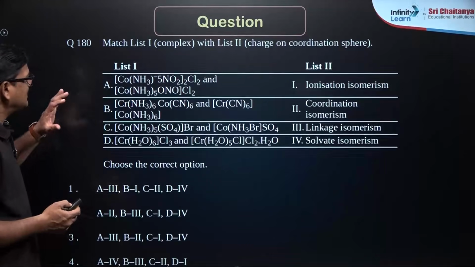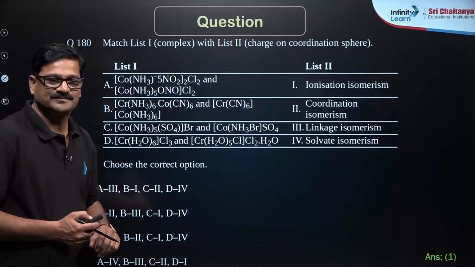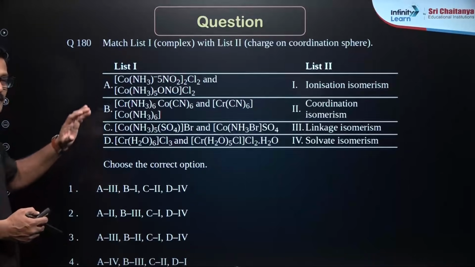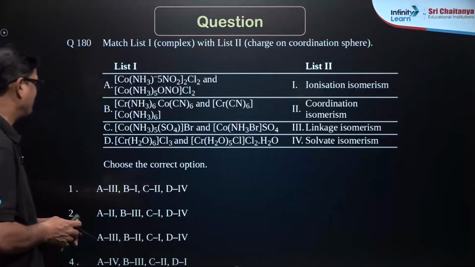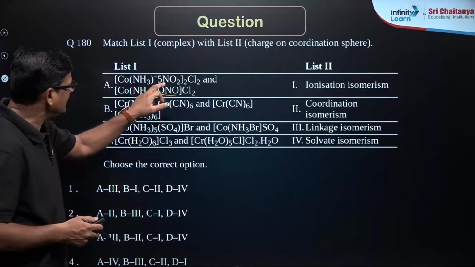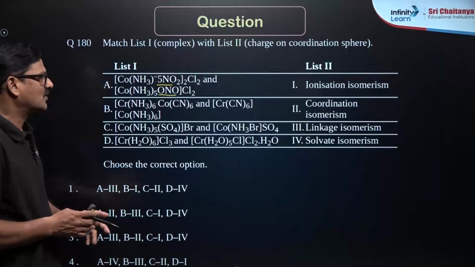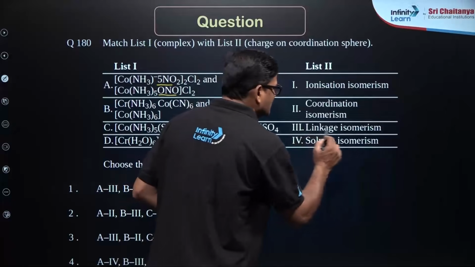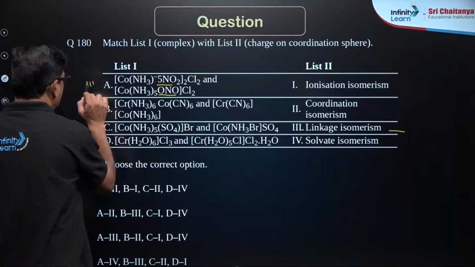And you can see here the list of the complexes and the type of isomerism. Here you can see ambidentate ligands, so they show linkage isomerism, and A is going to be 3.